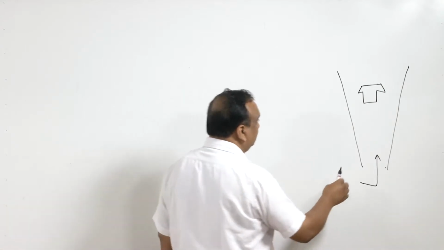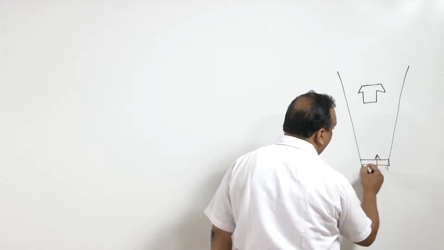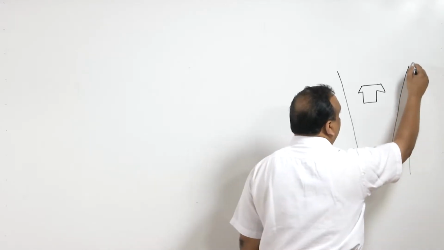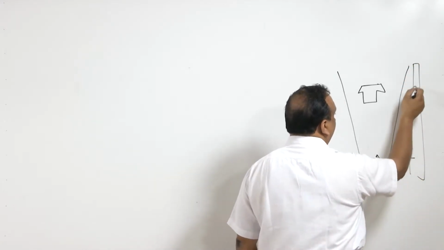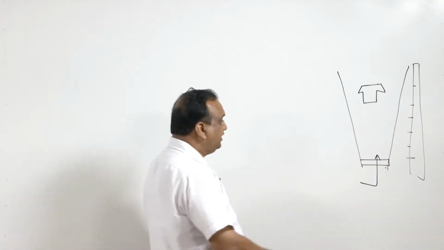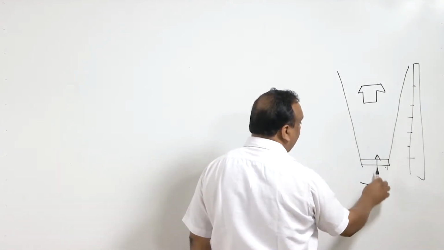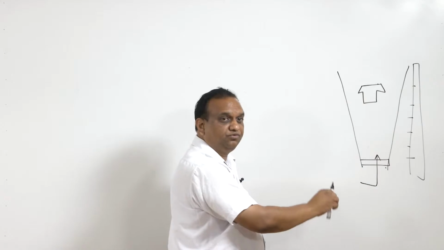When the bob is at the bottommost position, there is no flow. There is a marked scale here. In no flow condition, it is at the bottom. When the fluid enters, so let us take water, water is the working fluid. Water enters the flow meter, it pushes the bob, it goes up.